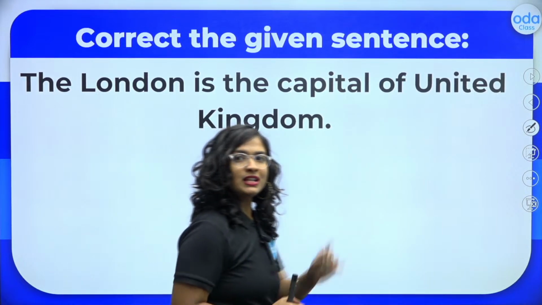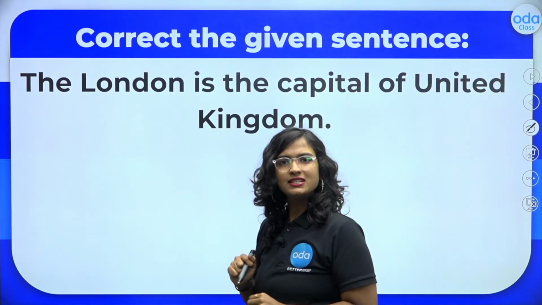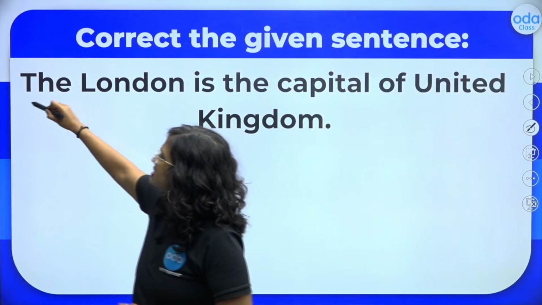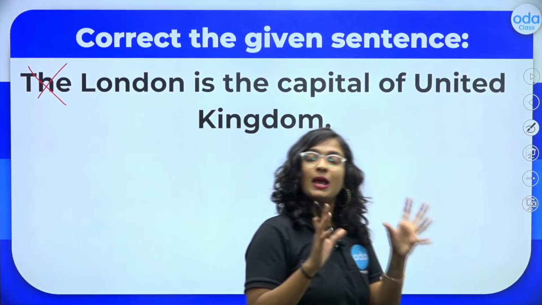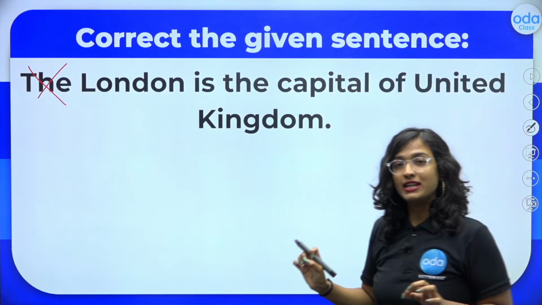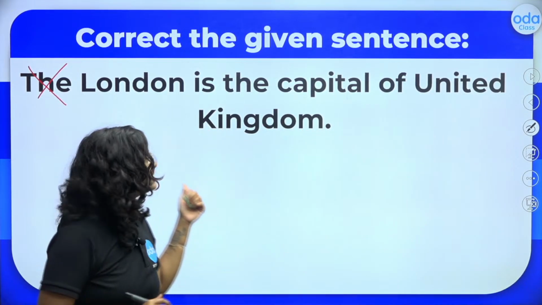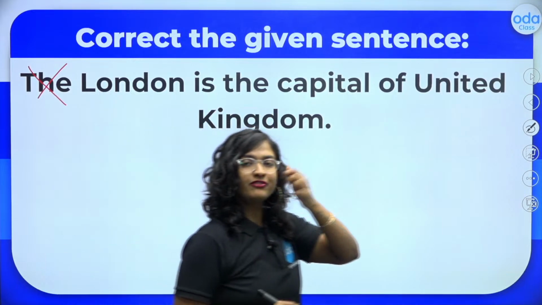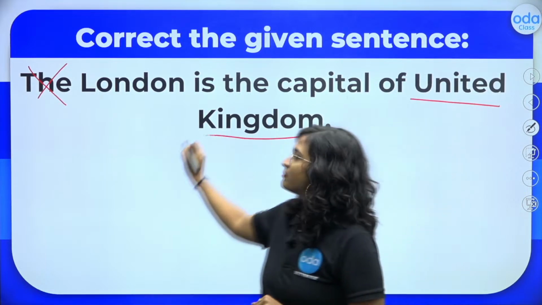It's very simple. First thing we need to keep in mind, students, is I will not say "the London," right? London. In our previous example as well, I said Beijing is the capital of China, not "the Beijing," right? So we say London is the capital of, and now we look at this country, United Kingdom.